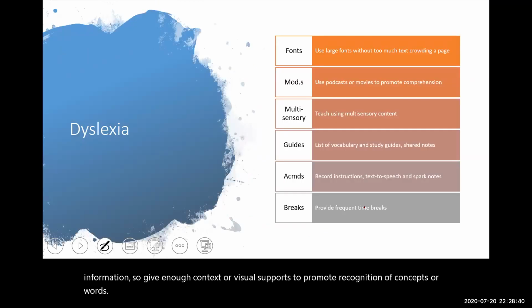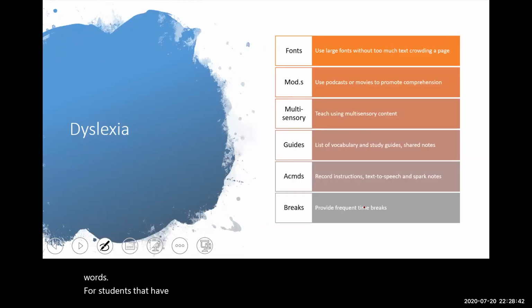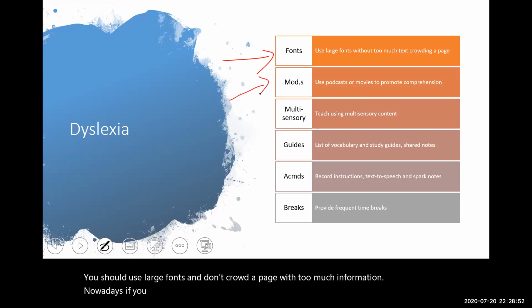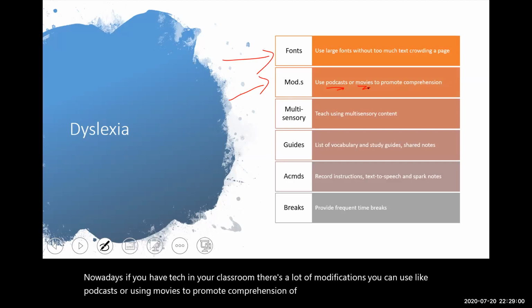For students that have dyslexia, you should use large fonts and don't crowd a page with too much information. Nowadays, if you have tech in your classroom, there's a lot of modifications you can use, like podcasts or using movies to promote comprehension of a text instead of just relying on written text only.